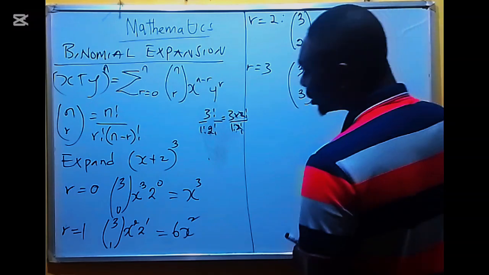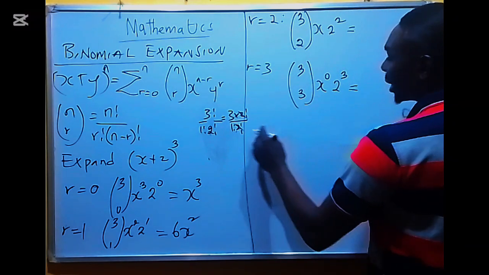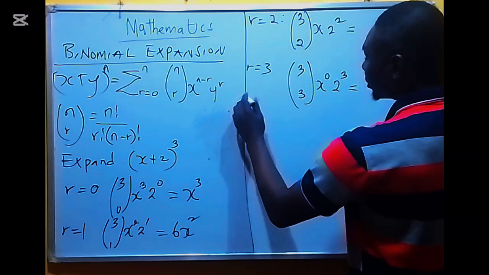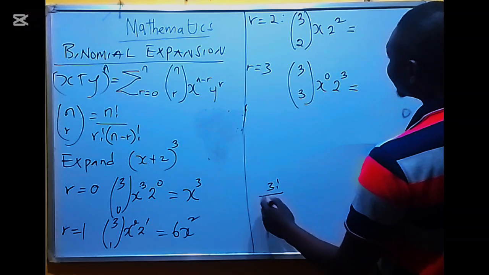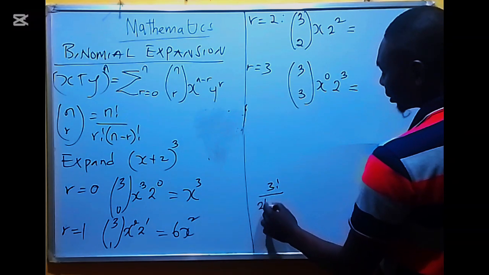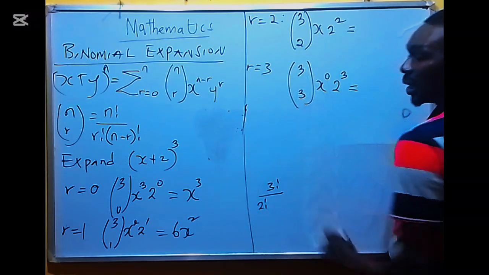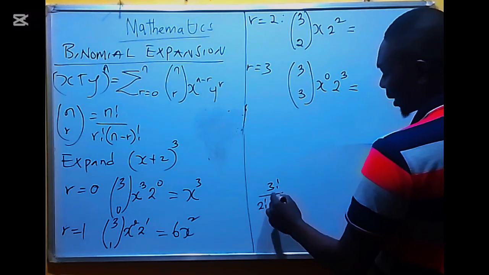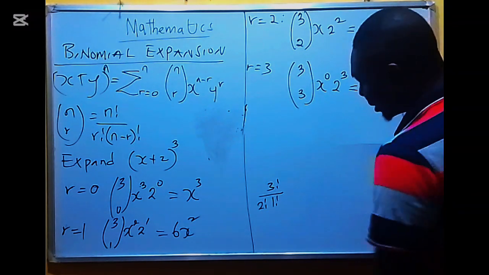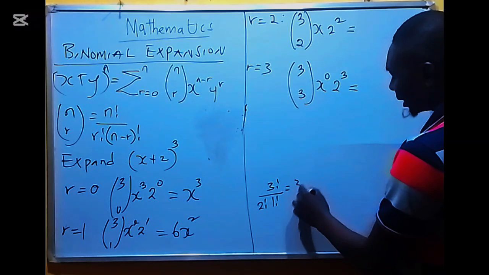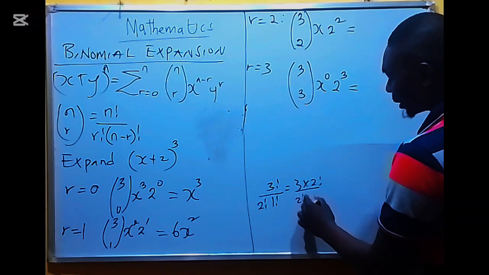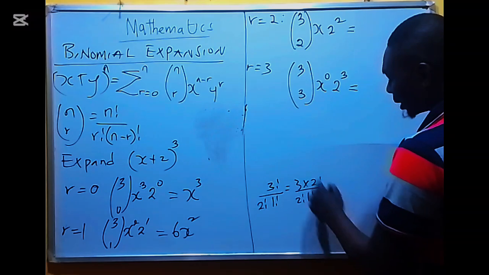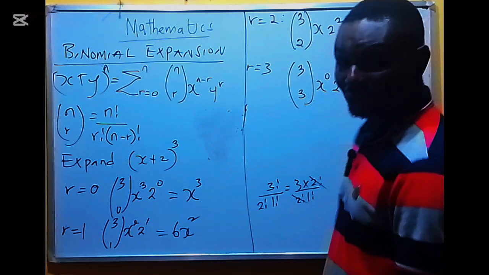So in the third term here, we have 3 factorial over 2 factorial. Now 3 minus 2 will give me 1. Therefore, I can expand this as 3 times 2 factorial over 2 factorial, 1 factorial. 2 factorial will cancel 2 factorial.